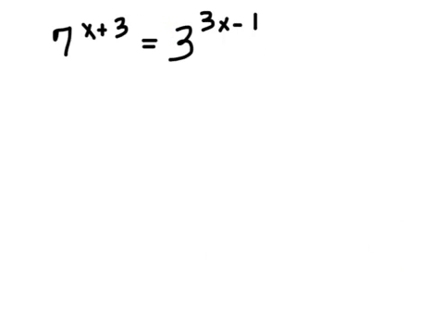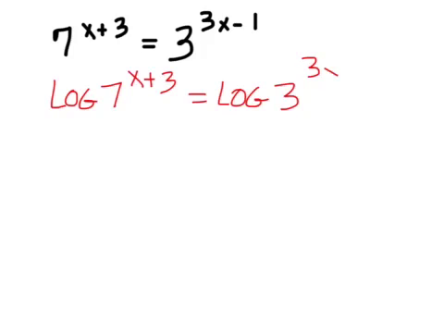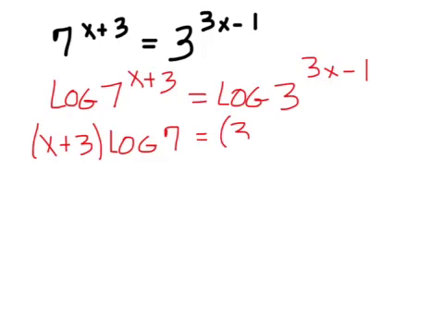On this practice problem, you're going to need log of 7 to the x plus 3 power equals log 3 to the 3x minus 1 power. Move the exponents out to the left, like this, and like this. Next up, you're going to have to distribute.